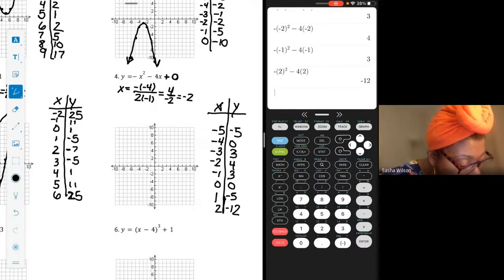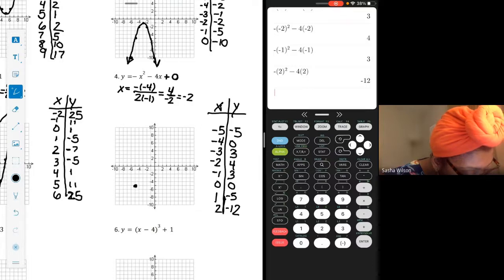So we're going to go to negative 5, negative 5, negative 4, 0, negative 3, 3, negative 2, 4, negative 1, 3, 0, 0, and then 1, negative 5.